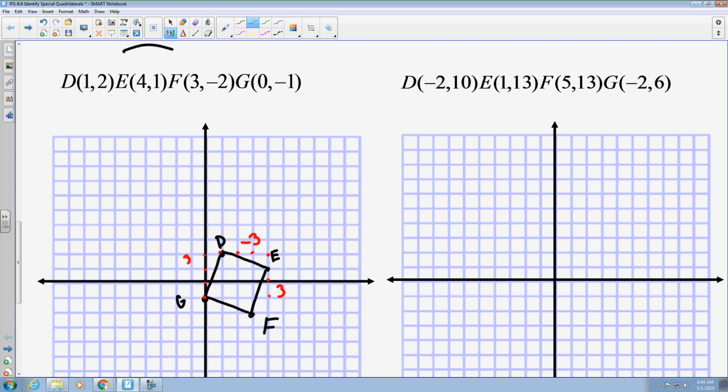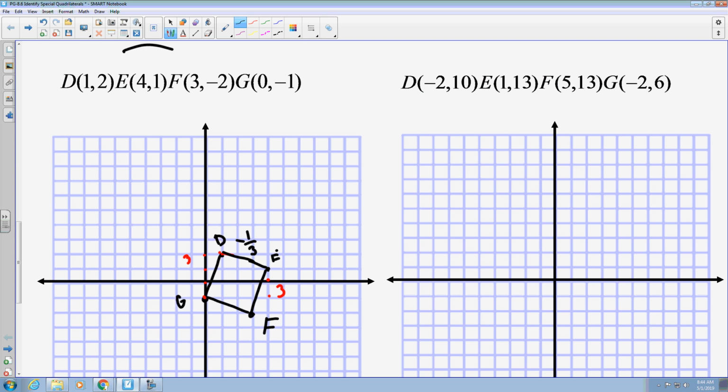And I'm sorry, this should be negative 1. So this is negative 1/3. Let me draw that again. My bad. This should be negative 1/3.